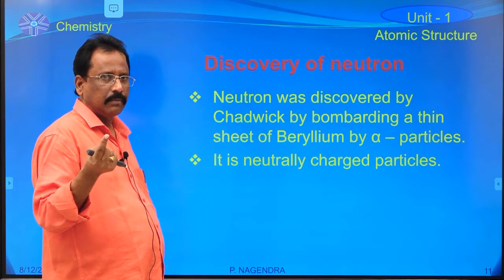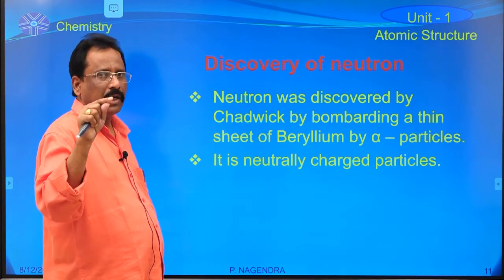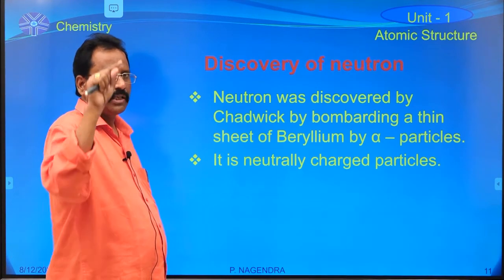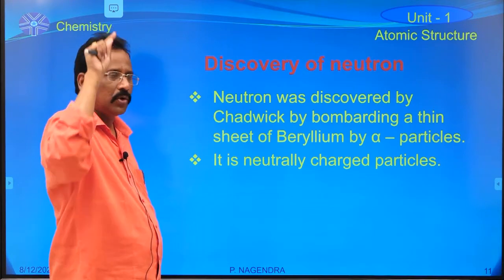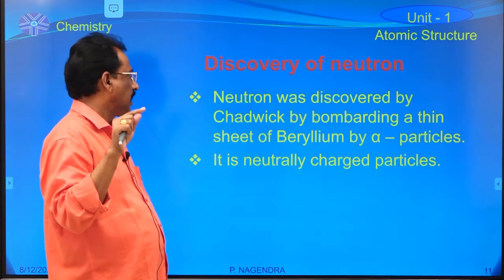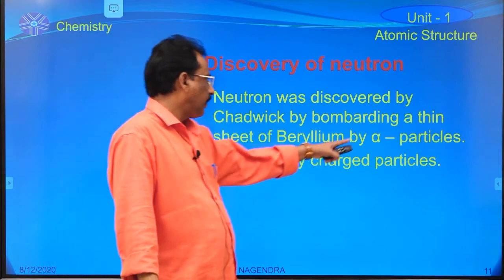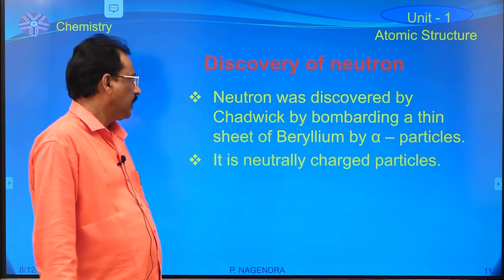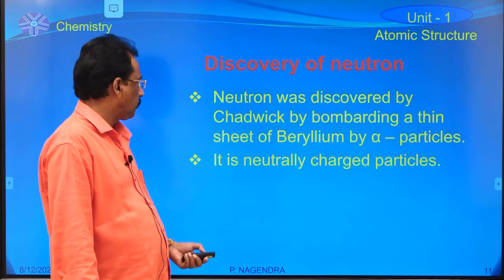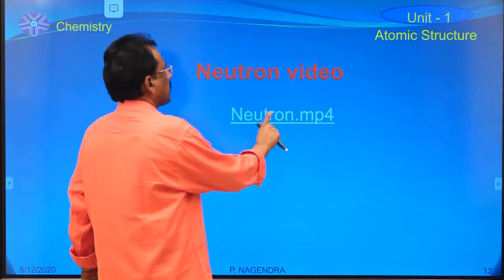Alpha particle is nothing but helium particle. Helium atomic number is 2, mass number is 4. 2He4 is known as alpha particle. When an alpha particle hits beryllium, a neutrally charged neutron is emitted.